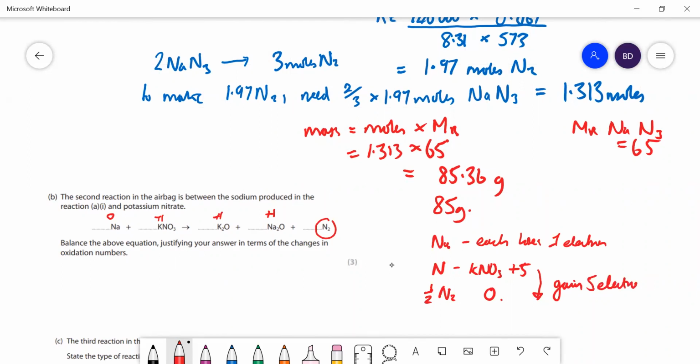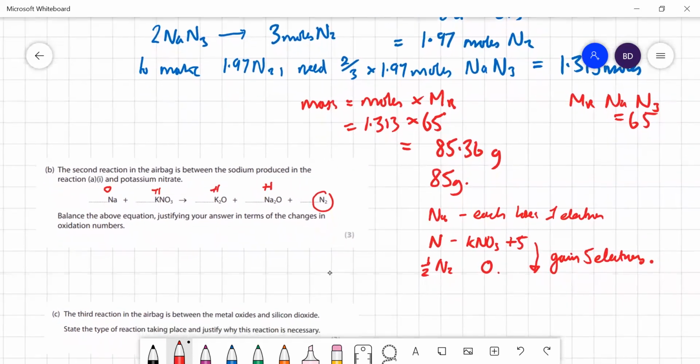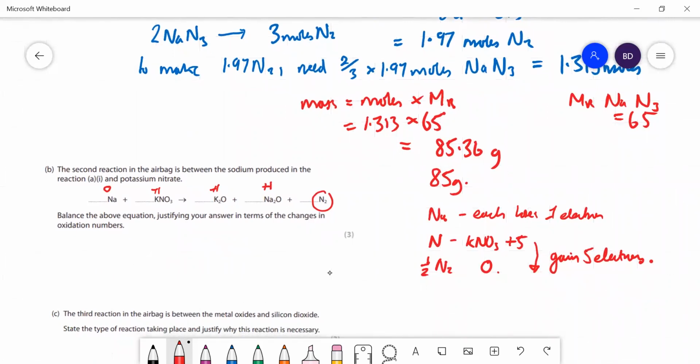So that means for every 1 nitrogen, we are going to need 5 sodiums. So with 2 nitrogens, you're going to need 10 sodiums. So I'm going to put 10 there.